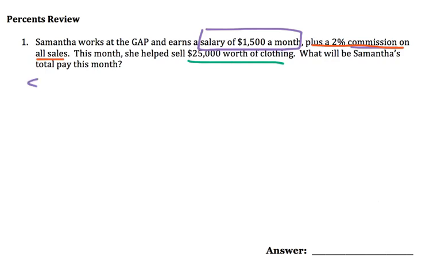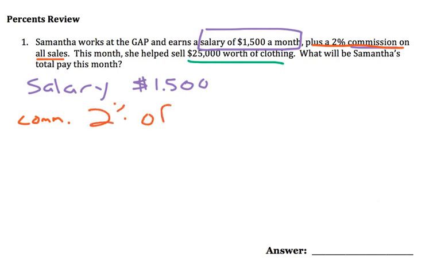Okay, so we know a couple of things. We know her salary is $1,500, and that's the amount she gets no matter what. But then it says that her commission is 2% of or on all sales, and it tells us that she helped sell $25,000 worth of clothing.